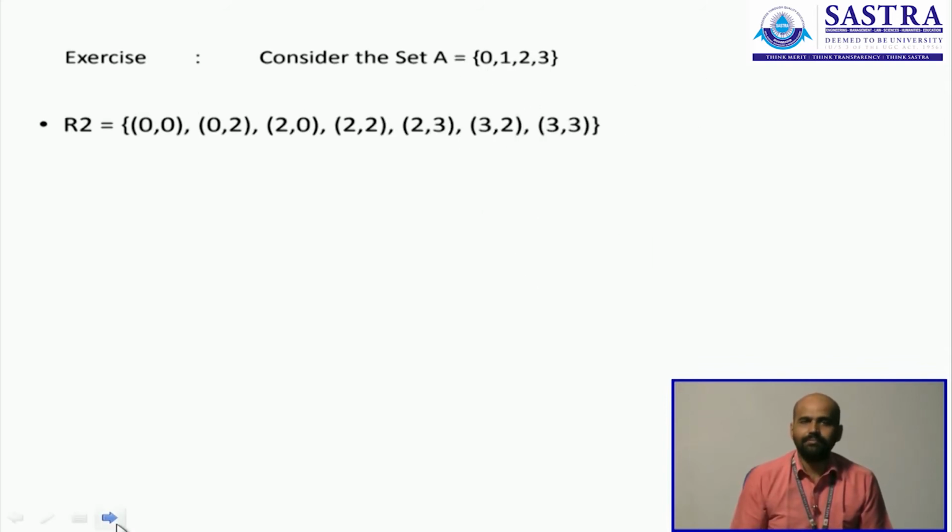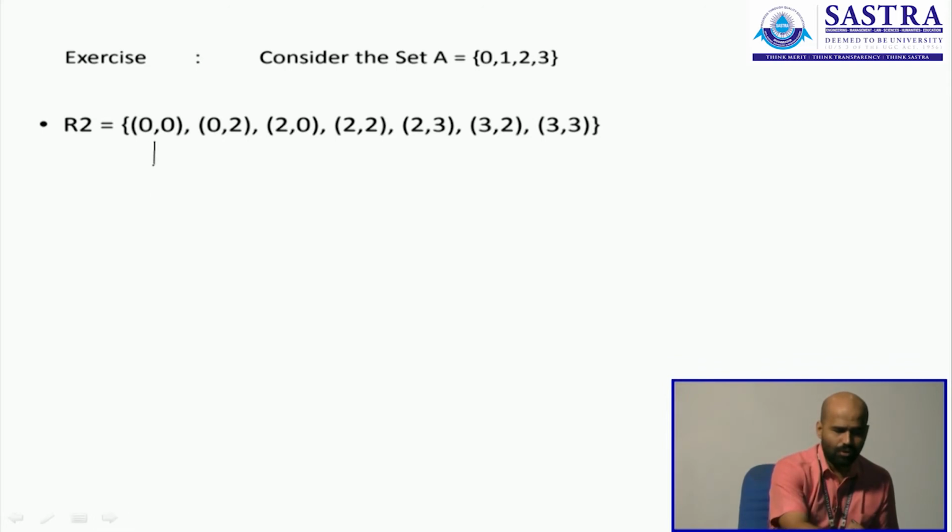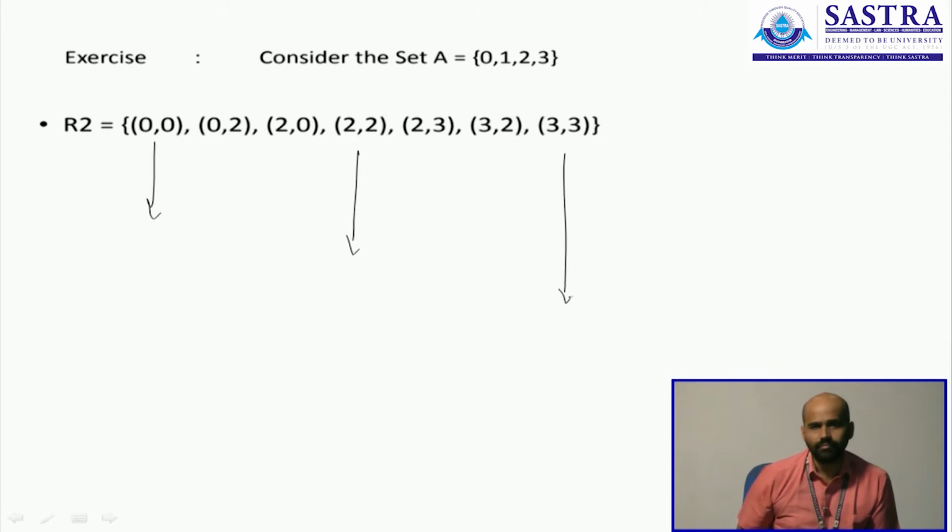How about this? I've added a few more and I've deleted some more. The same set again, so 16 ordered pairs are possible. And look at R2 now. What can you call R2 as? Can R2 be called a reflexive relation? Do you have reflexive pairs present? Yes, we do have 0, 0, we do have 2, 2, we do have 3, 3.